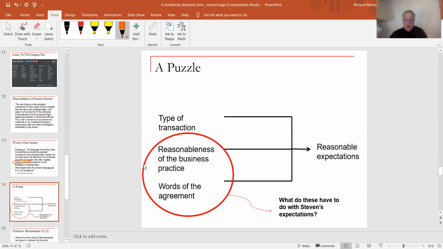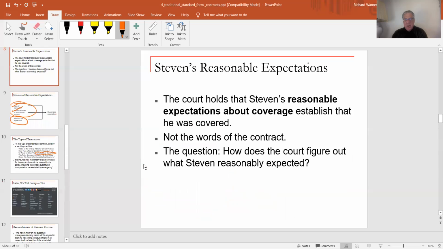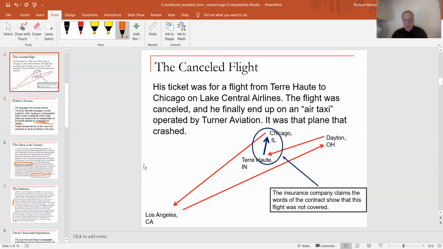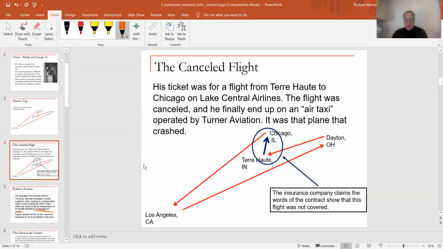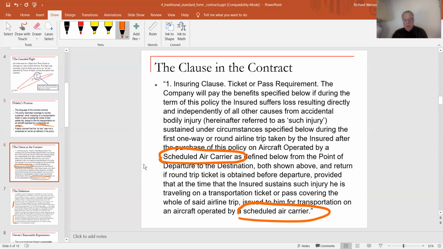Look, it's clear we have no problem understanding how the type of transaction is relevant to figuring out what Mr. Stephen reasonably expected, right? We go back. Here he is, at the vending machine. He's buying it at the vending machine in that context just before he gets onto his trip.